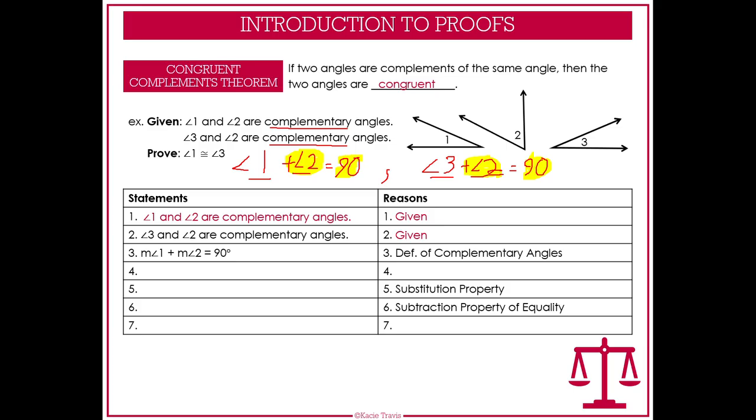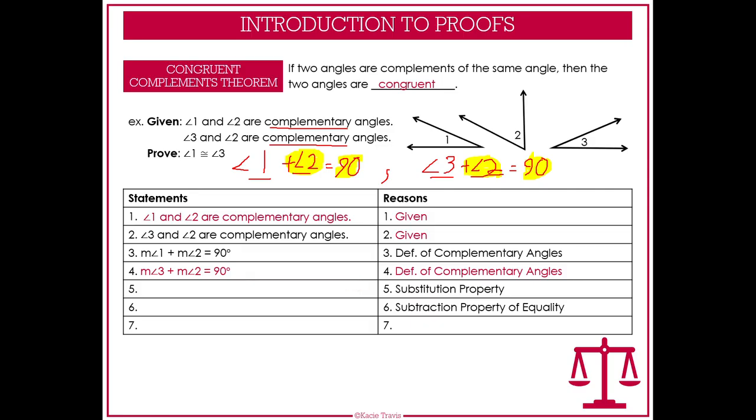They understood what complementary meant and made an equation: the measure of angle 1 plus the measure of angle 2 equals 90, because we used the definition of complementary. Likewise, angle 3 and 2 add up to 90, using the definition of complementary angles.